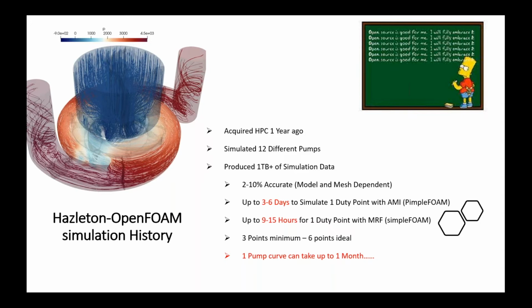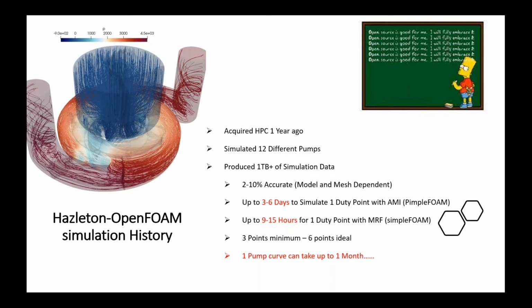And we averaged about 3 to 6 days to simulate one duty point using AMI. And those of you who are familiar with OpenFOAM, it's pimpleFoam, the transient analysis tool. And if you run the same using the MRF equivalent called simpleFoam, it takes about 9 to 15 hours on this HPC to run one duty point.